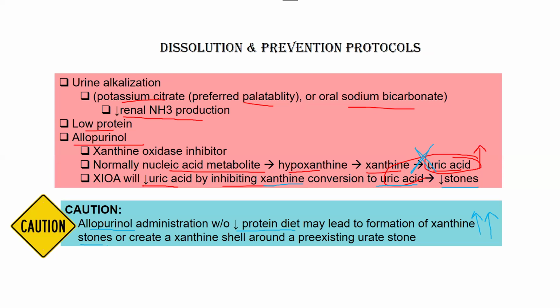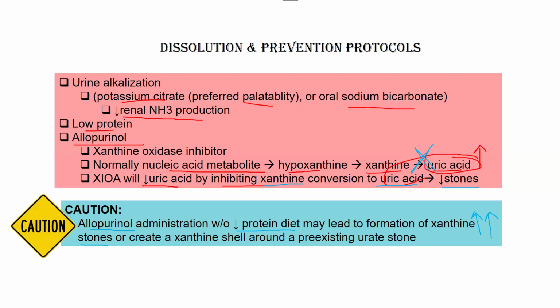Then you are going to have a different issue, that you have shifted your ammonium urate crystals problem to a xanthine stone problem. So if you are feeding allopurinol, also decrease the protein diet of your animal, because otherwise xanthine production will increase, and xanthine will form xanthine stones. So be aware of that.